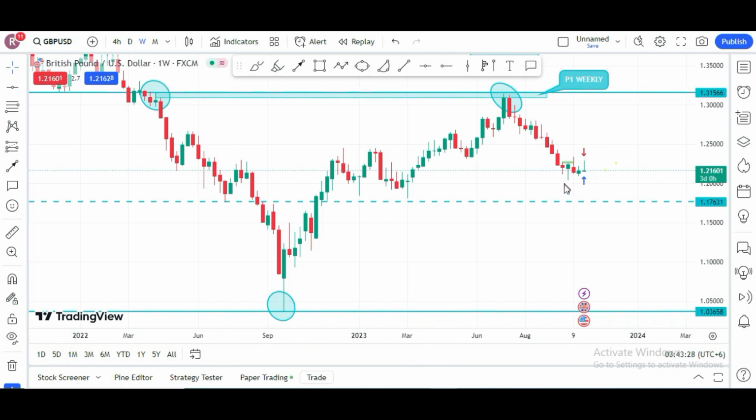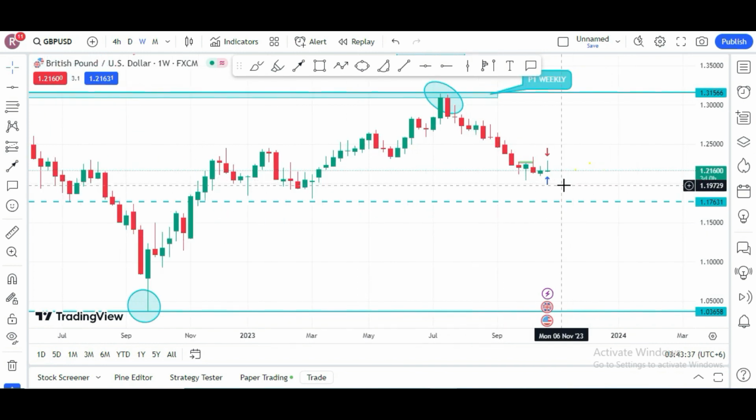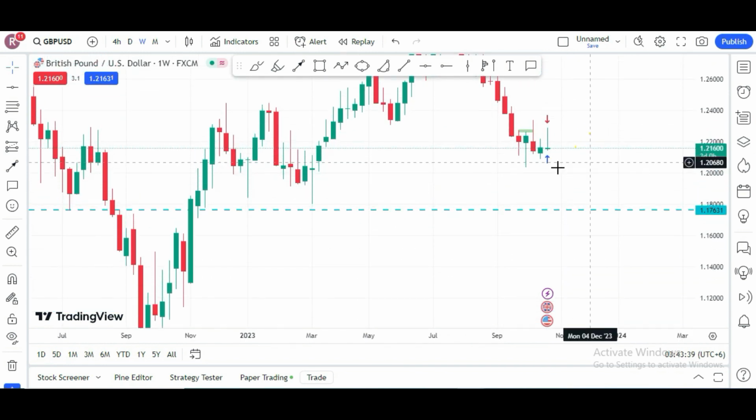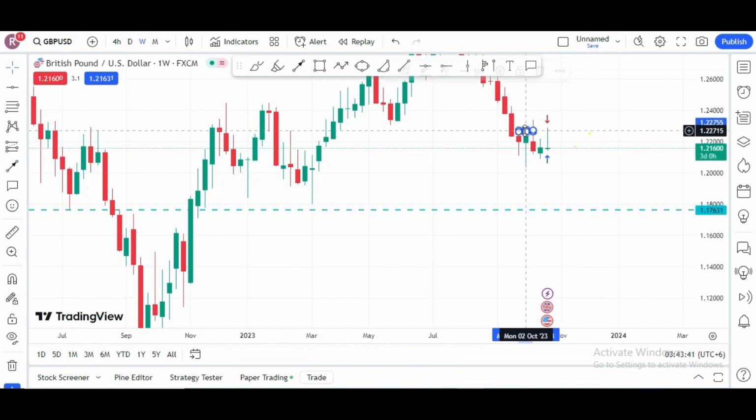Now what we can see in the wicks is that there are two vital candles here. One is this one and another is this one.